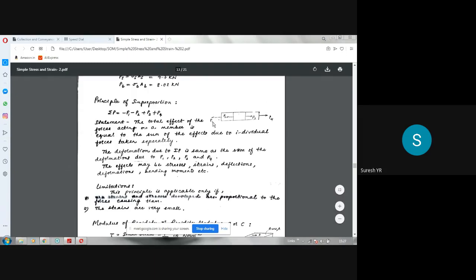For example, this is 10, this is 20, this is 30, this is 40. Then delta L due to 10 plus delta L due to 20 plus delta L due to 30 plus delta L due to 40 will be equal to delta L due to sigma P. That is the principle. So you have to find the effect of each force on the bar, and we have to add them. Then it will give the total effect.